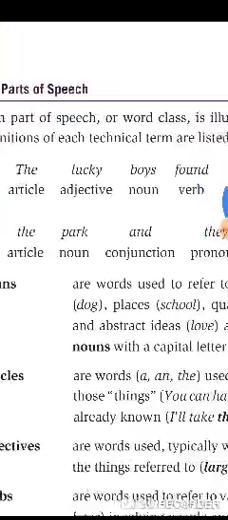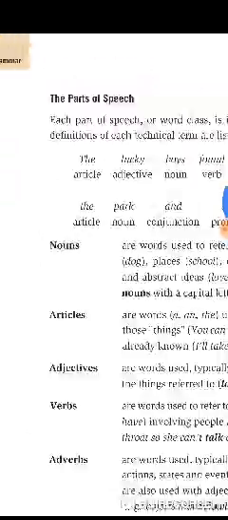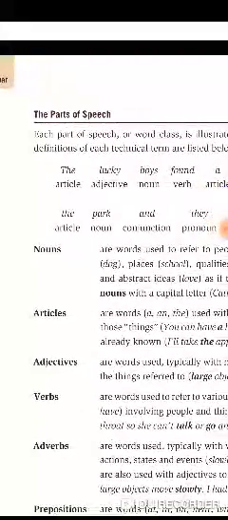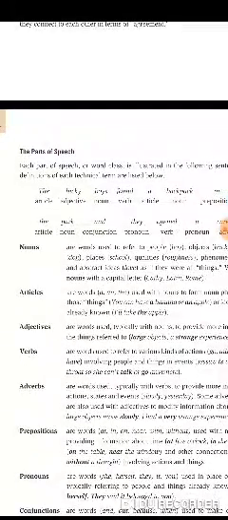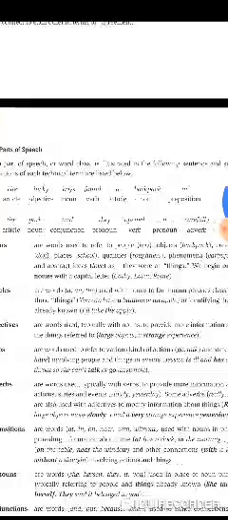So if you want to understand these parts of speech, you have to go to page 94 and find this big sentence, beginning like this: The lucky boys found a backpack in the park and they opened it carefully.